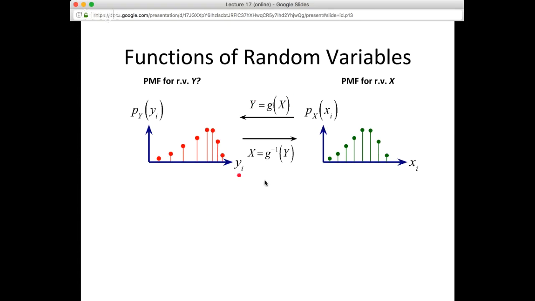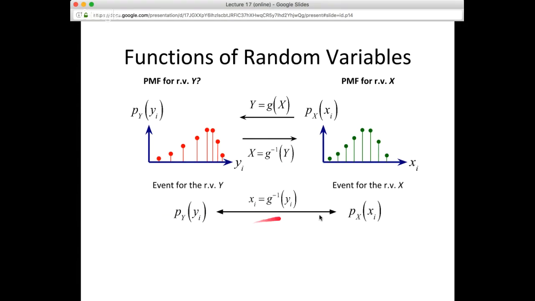And then, of course, we can also write the random variable x as the inverse function of y. And so we have both the relationship between y as a function of x, g of x, as well as x as a function of the inverse of g operated on y. And the main point that I wanted to make was that if you think about it, say that this event here has a 10% probability of occurring.